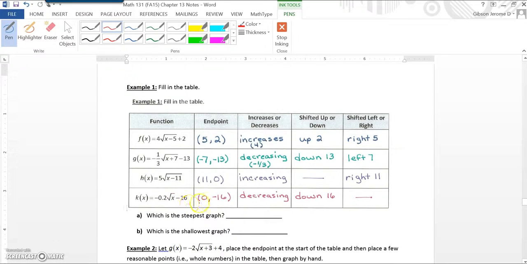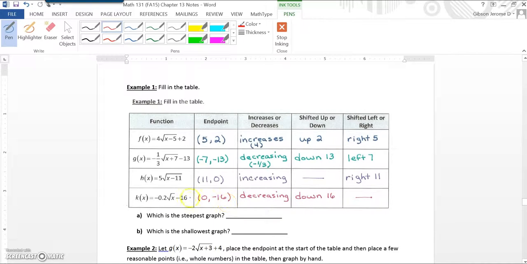Now we come down here. Under the radical we don't have an h, so that's 0. And then we have this negative 16, so it'd be 0, negative 16 for the endpoint. Now we know this is decreasing because this is negative, this is less than 0. Our a is less than 0.